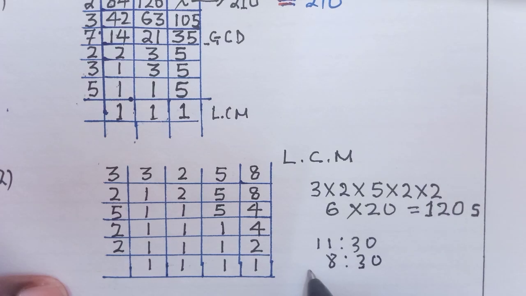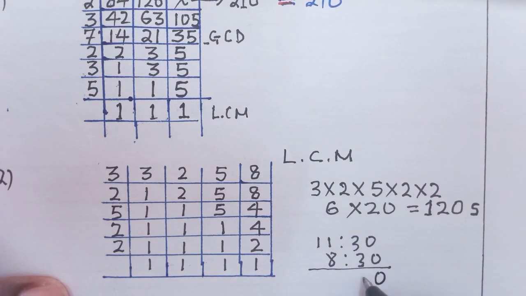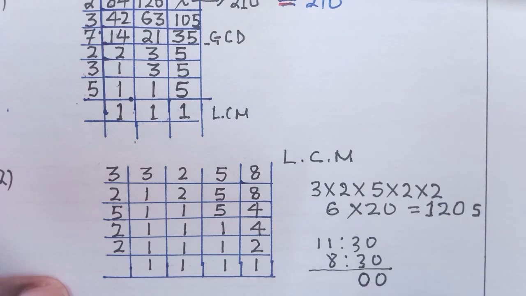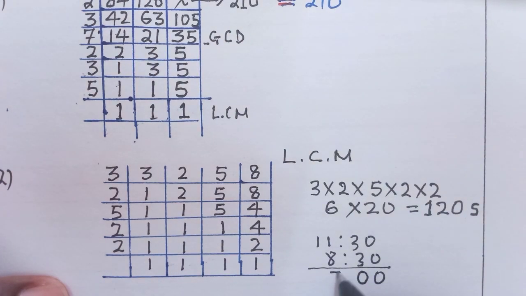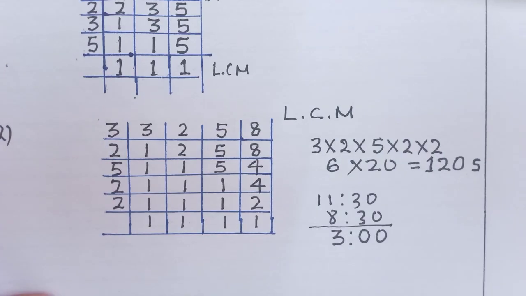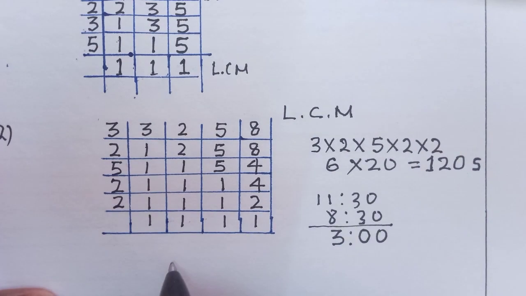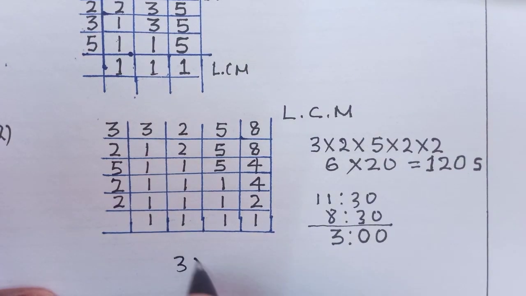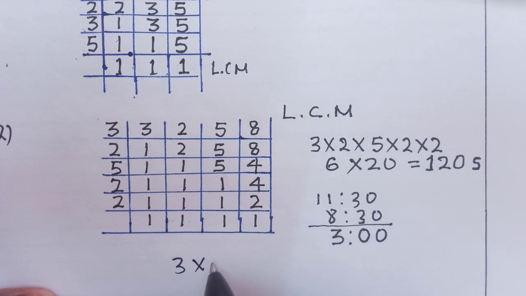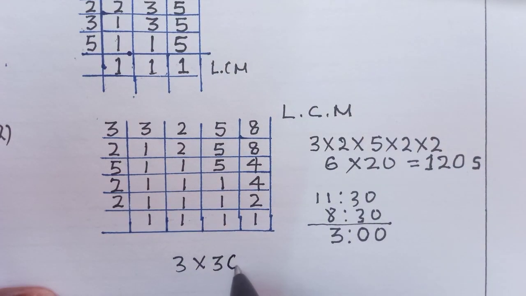So I can just subtract like this. This is 0. And then here we have 3. So these are 3 hours, guys. So 1 hour, we find out how many seconds are here. So we shall come and multiply 3 by 6. That is 600. That is how many seconds are there in 3 hours.